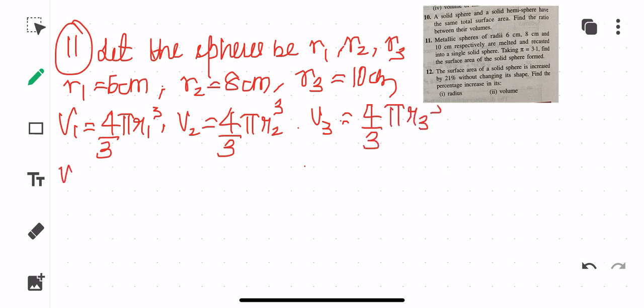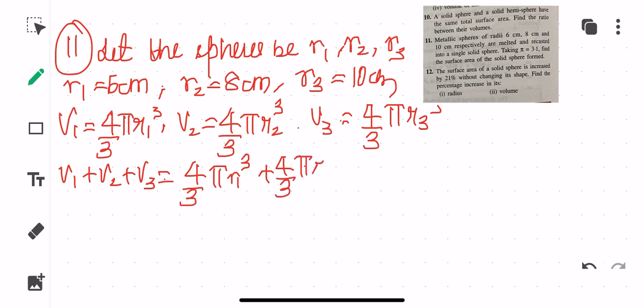So V1 plus V2 plus V3 is equal to 4 upon 3 pi R1 cube plus 4 upon 3 pi R2 cube plus 4 upon 3 into pi R3 cube.